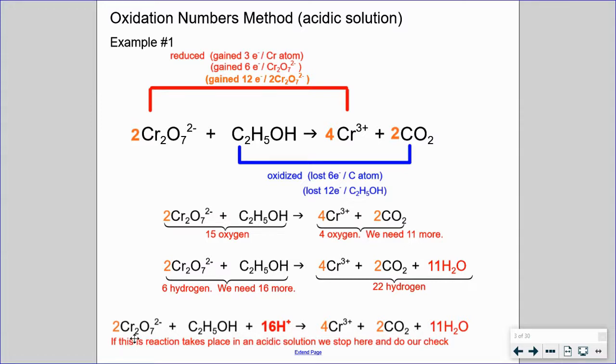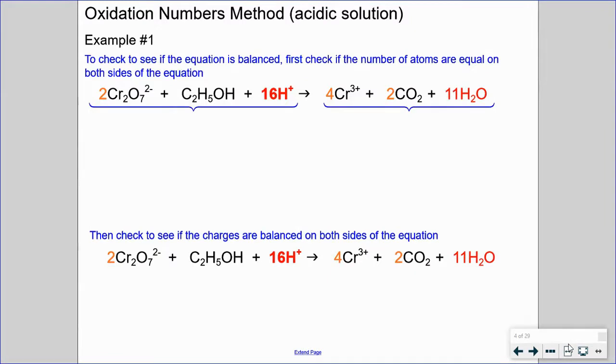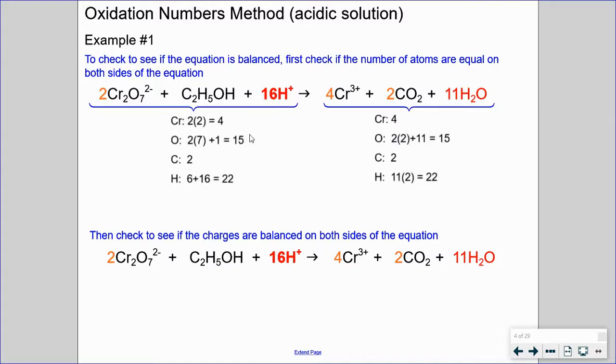We would have 2 dichromates, 1 ethanol, plus 16 hydrogen ions yields 4 chromium-3 ions, 2 carbon dioxides, and 11 water molecules. Right, that doesn't look balanced to me. So the first thing we're going to do is to check to see if the atoms are balanced on both sides of the equation. If you were to count the chromiums on both sides, you would see that there are 4 chromiums.